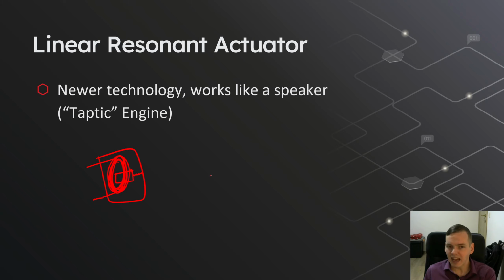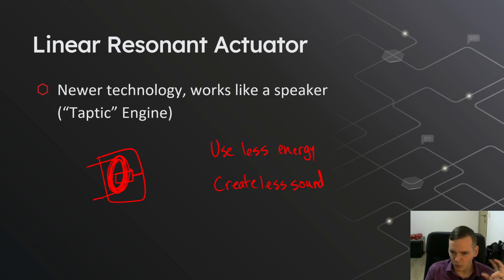Linear resonant actuators are great because they use less energy and they create less sound. The rotation ones, you'll typically hear the buzzing or the whirring because it's spinning around.